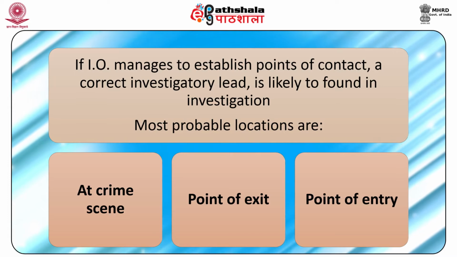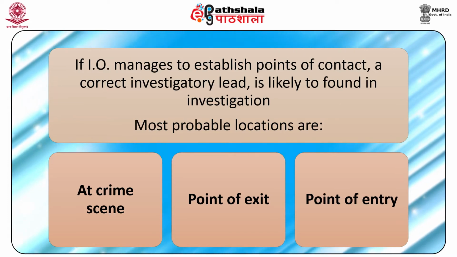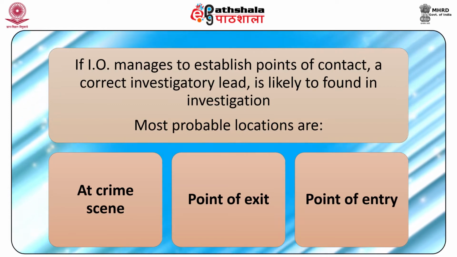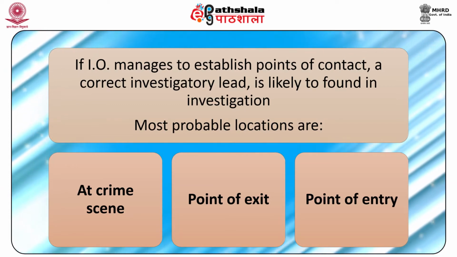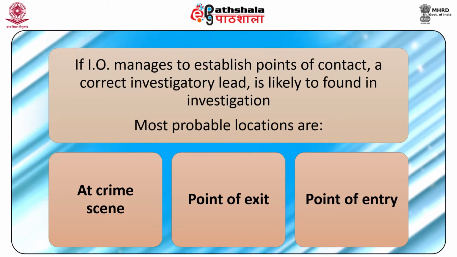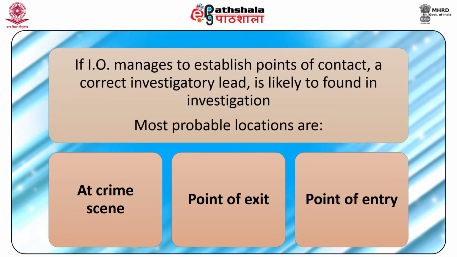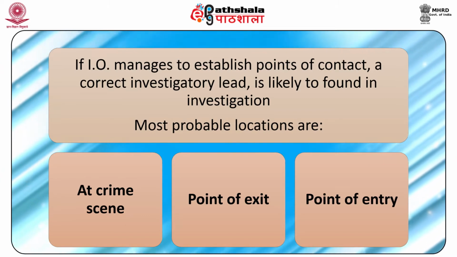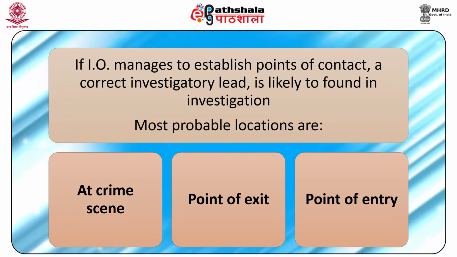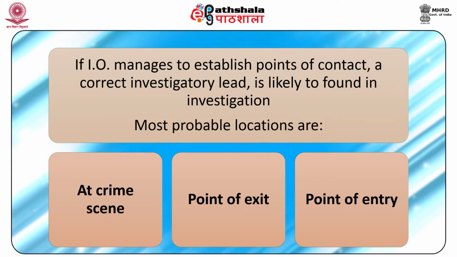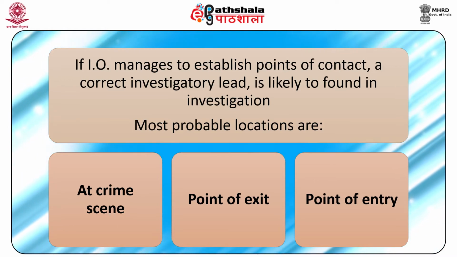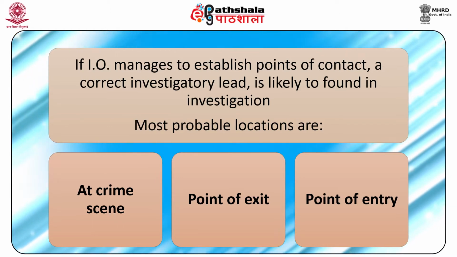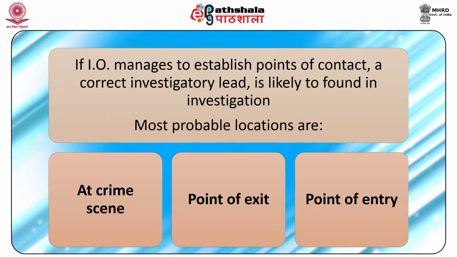The basic requirement of the principle is the correct answer to the question: what are the places or objects with which the criminal or his tools actually come in contact during the commission of the crime? If the investigating officer manages to establish the correct points of contact and thus a correct investigatory lead, he is most likely to benefit in the investigation.